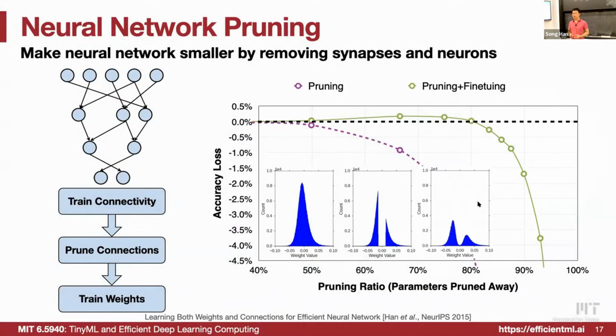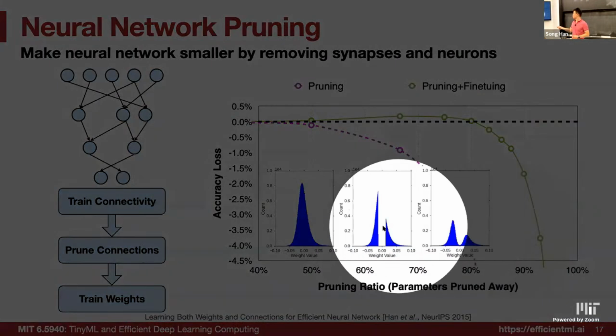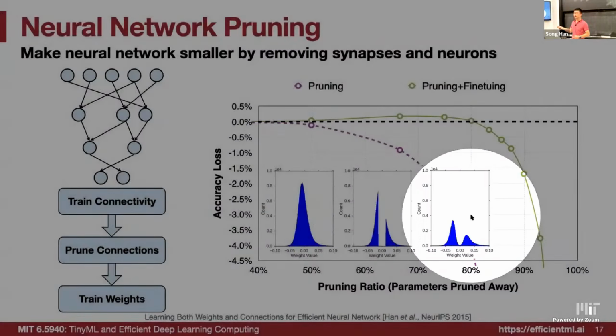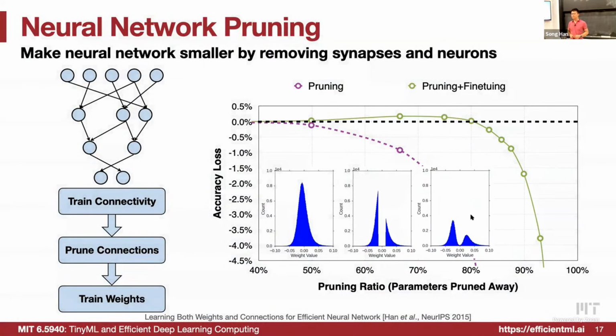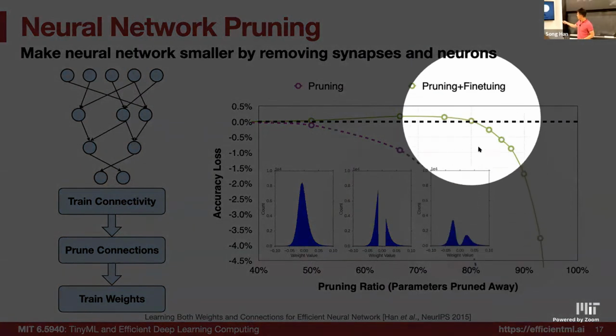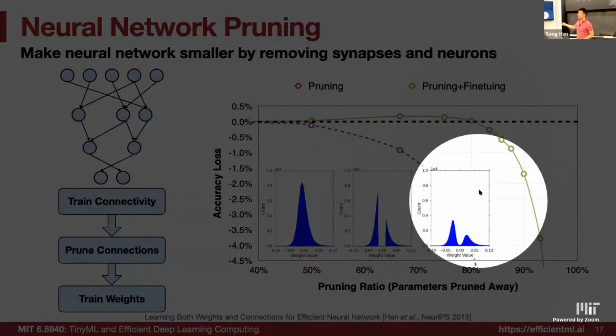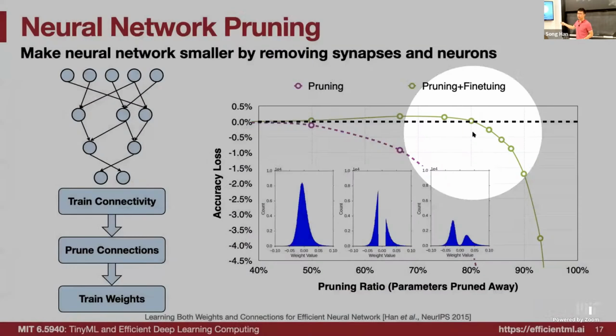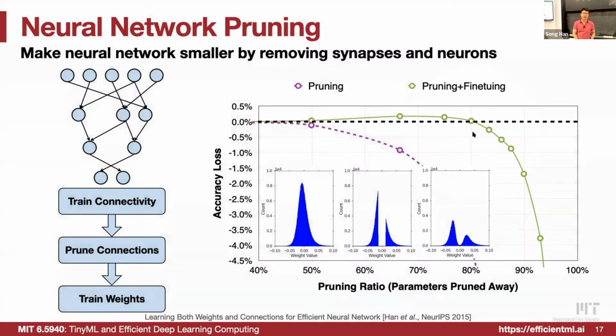And after the retraining, the weight distribution also shifted from this way to this way, and becomes smoother. That's pretty good. Actually, we can prune away 90% of the parameters without hurting the accuracy here on AlexNet. That's pretty good. Can we do even better? How can we prune more without losing the accuracy?